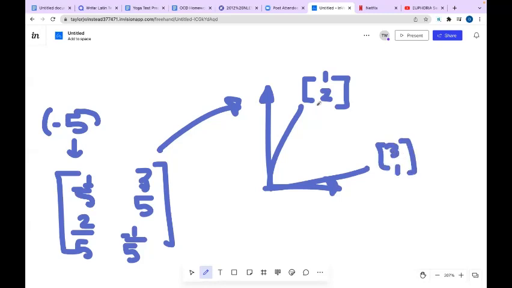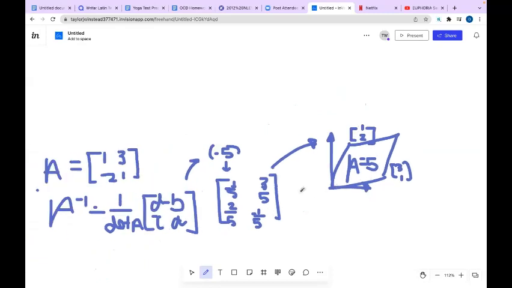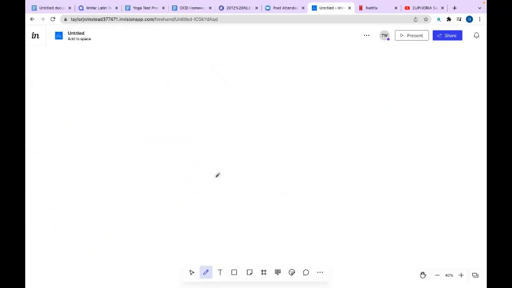That comes to this parallelogram, and our area is going to be 5, because we take the length of that determinant and it is 5. Pretty simple example, just putting all this stuff into practice.